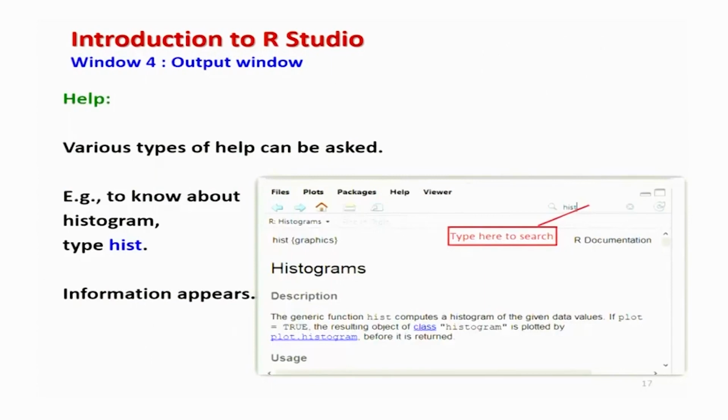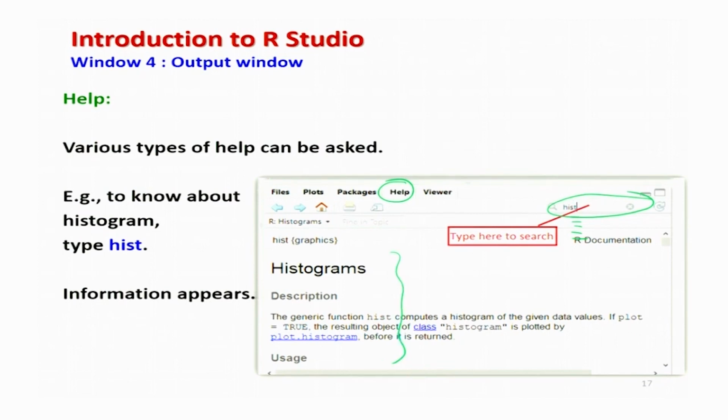Similarly, after that, in case you want to come to the help part, if you simply go to this window, suppose I want to know the information about histogram. As soon as you type here HIST, some more information will come here, and then you can click on hist, and it will show you all the details about histograms, how you can create them.